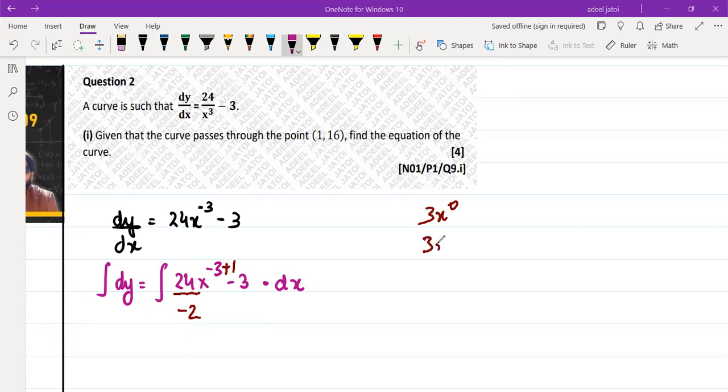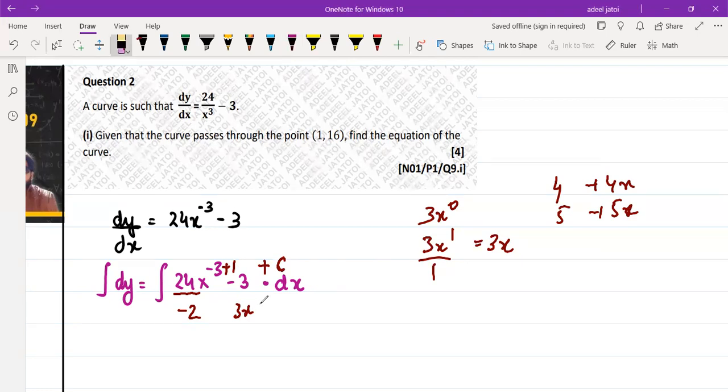So this should be 3x to the power 1 upon 1. Any constant, if it is 4, we write it as 4x. If it is 5, we write it as 5x. So now we have 3, so this should be 3x. But the best part is we will write down C as well. And C will be in the equation of the curve, that means the constant might be eliminated.